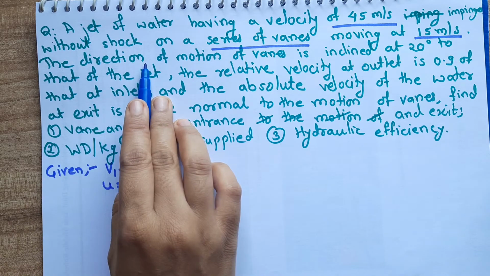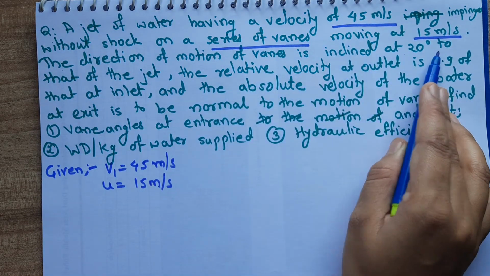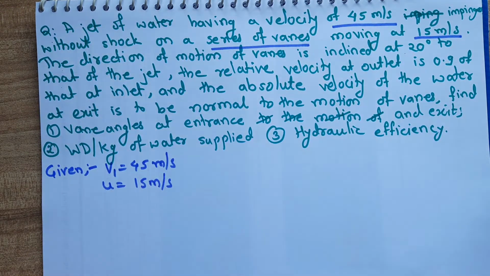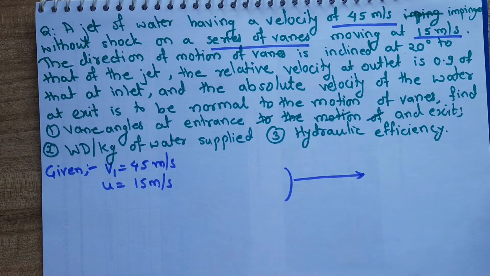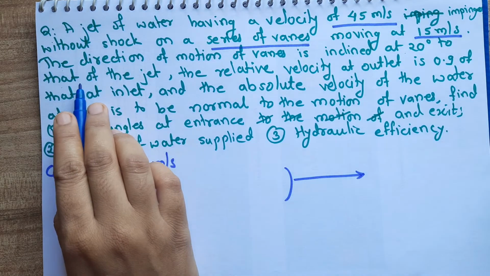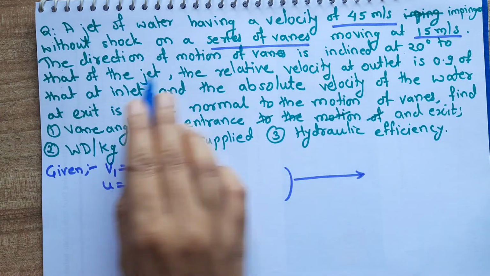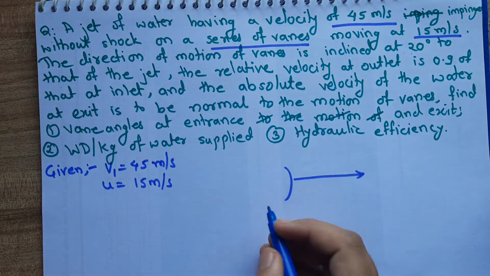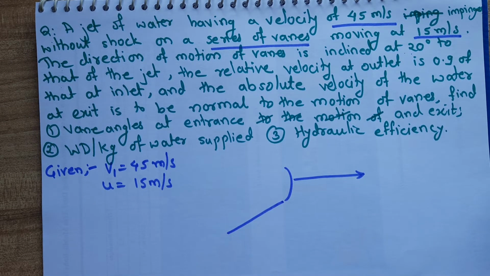Next, the direction of motion of vane is inclined at 20 degree to that of the jet. So let's say this is the vane and this is the direction of motion of vane. This direction of motion is inclined to that of the jet by 20 degree. So let's say this is the direction of jet.